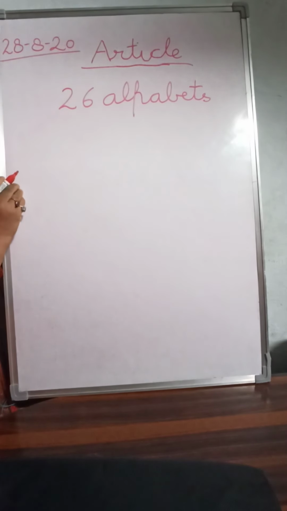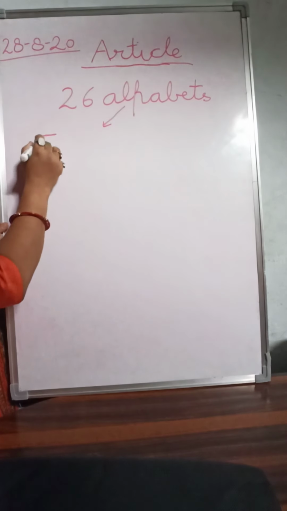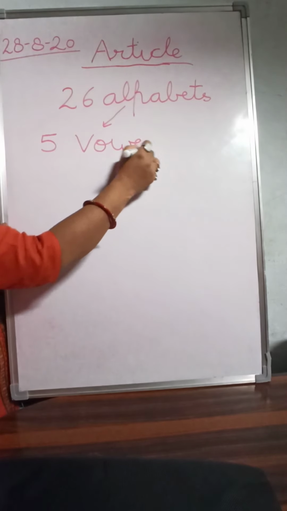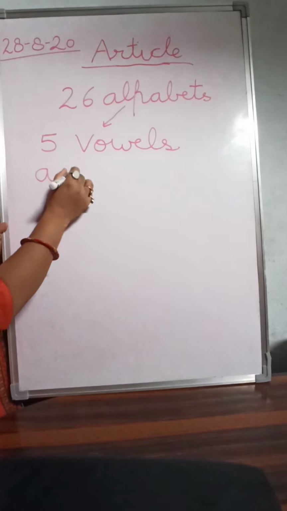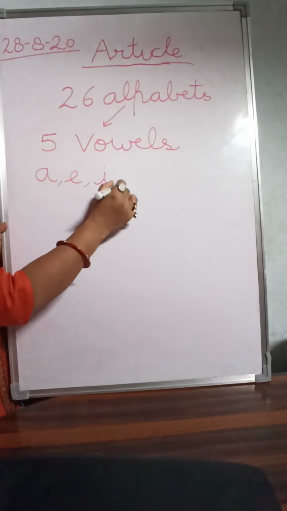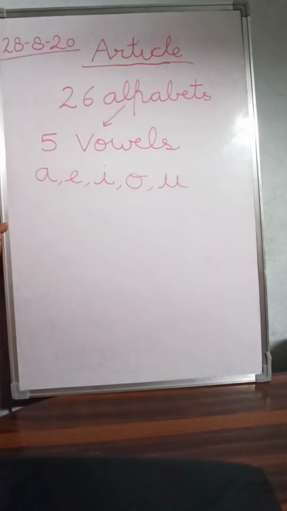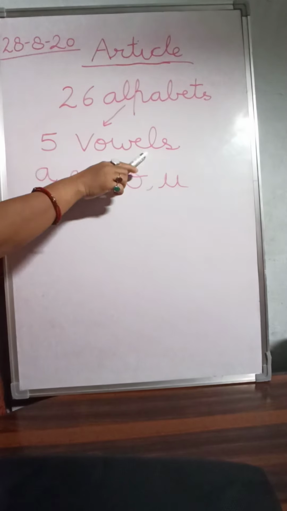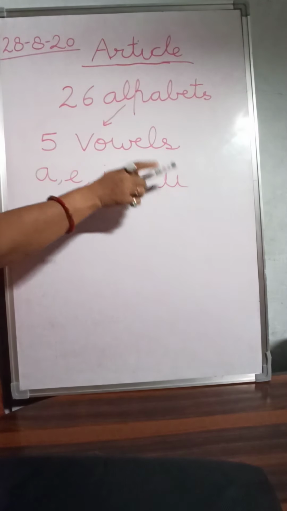Out of these 26 alphabets, 5 are vowels. They are A, E, I, O and U.